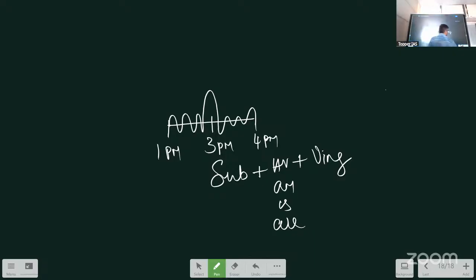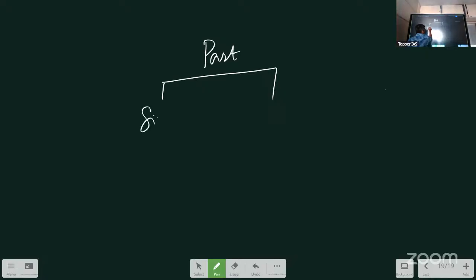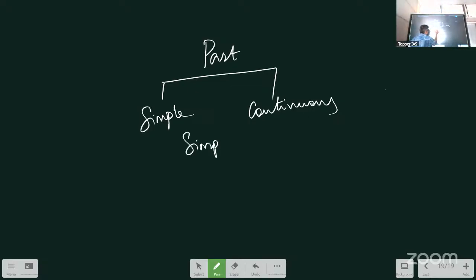Let us understand past tense. In past tense also there are two. What are they? One is simple and another is continuous. Now, what is the structure for simple past?